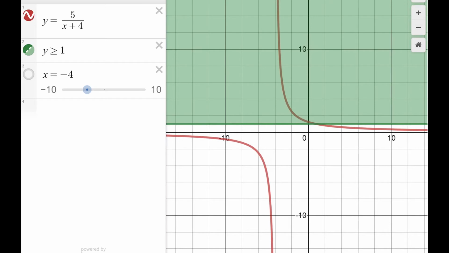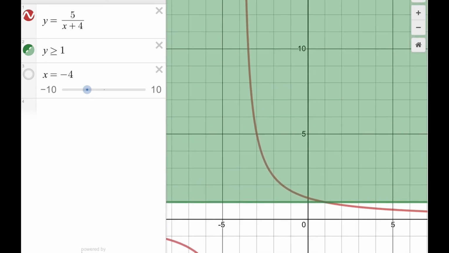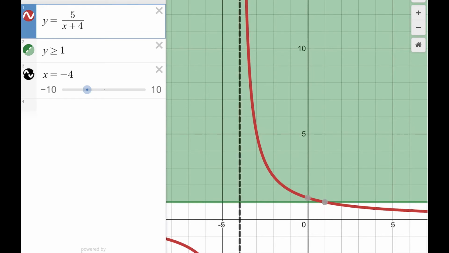So let me shade. In that green region is where my y values of my points are greater than or equal to 1. So if you look at my function, this top part right here, between the x values starting at 1 and then going backwards, if you look at your denominator, you can't have an x value of -4.